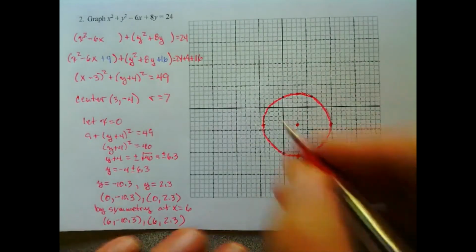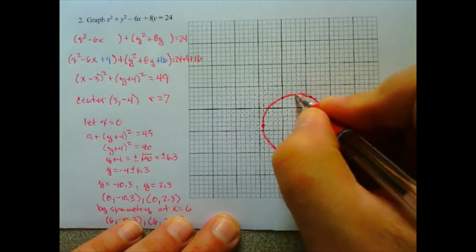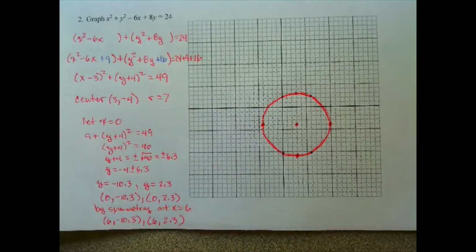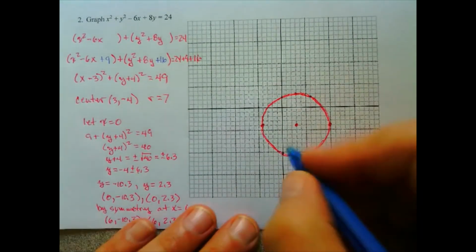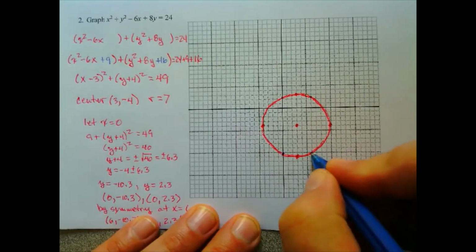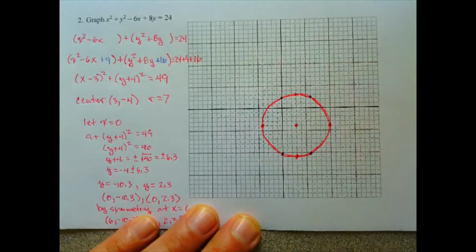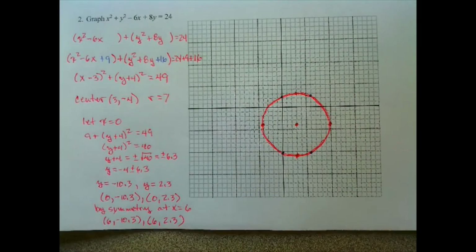With, again, the 4 points that I got from the center and the radius, and then 4 more points that I got from picking the value of x equals 0.